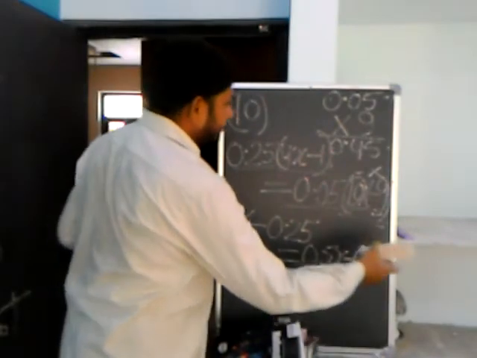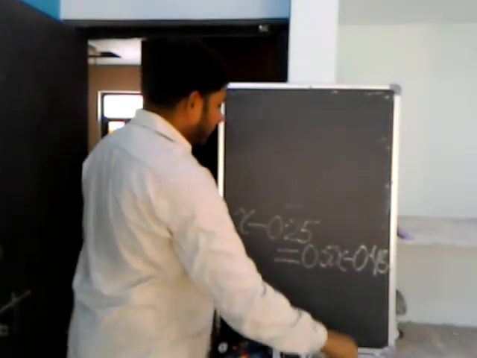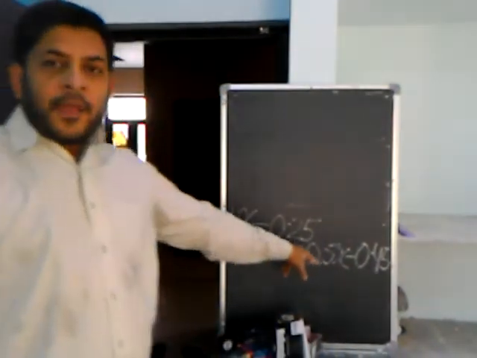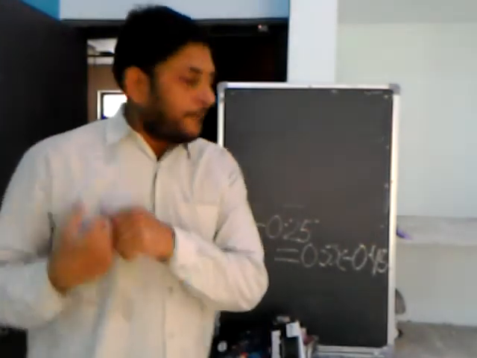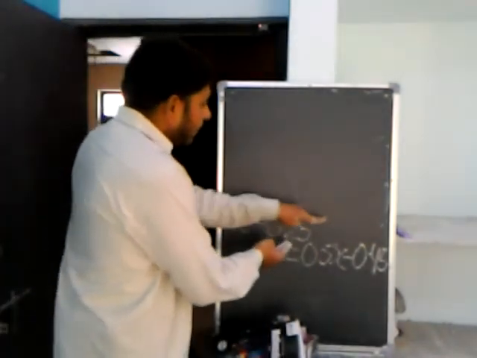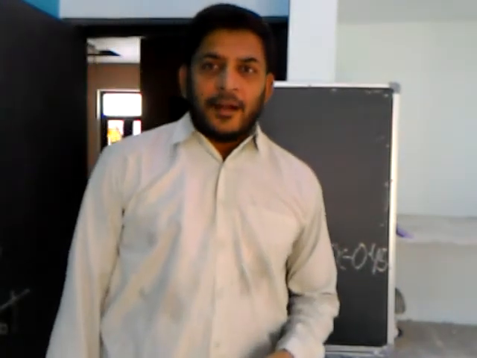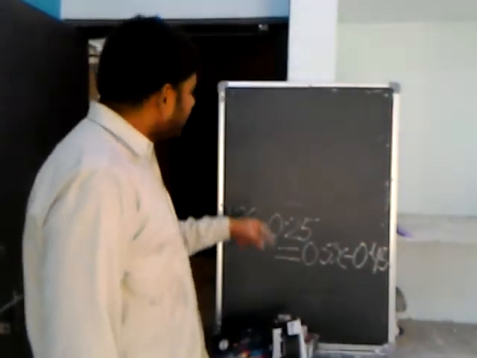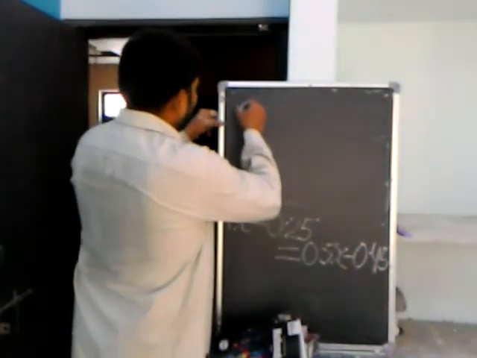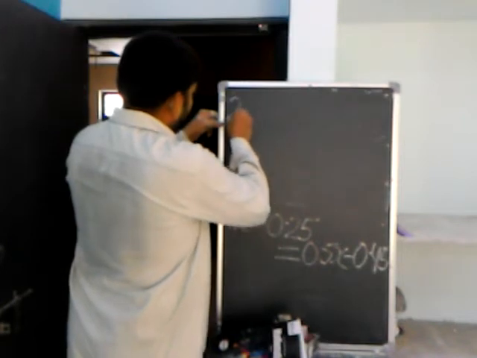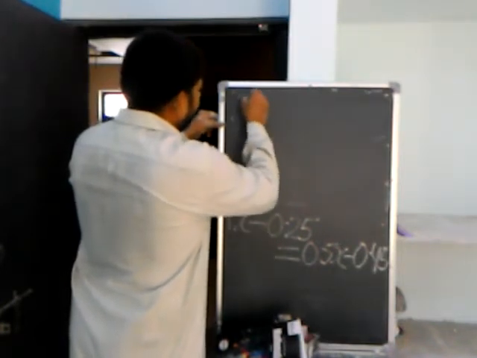Now I shall transpose, because I have a variable part on the right side also, but I need it on the left side, and I have a constant part, the part that has no variable, which I need on the right hand side. So first of all I will write transposition.